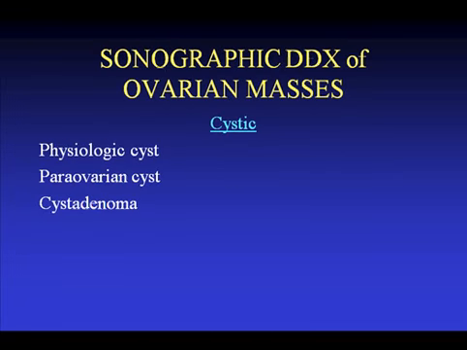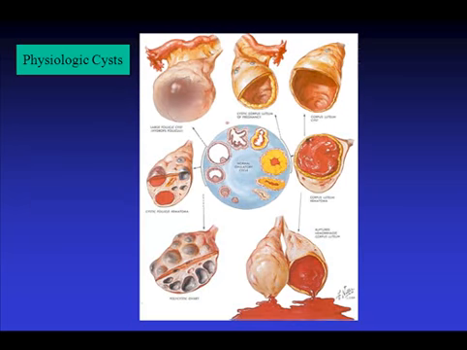Now, I'm going to de-emphasize the evaluation of cystic masses because this is relatively straightforward. We need to determine whether it's a physiologic cyst, whether it indeed is related to the ovary or outside the ovary, such as para-ovarian cysts, and realize that some completely cystic masses can in fact be epithelial tumors.